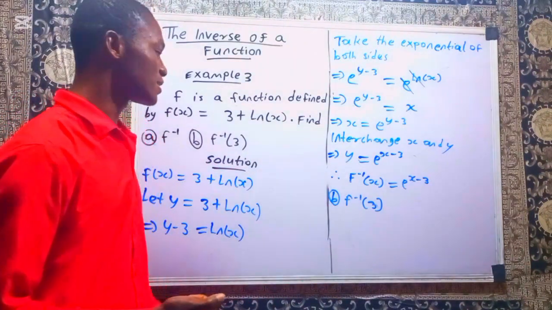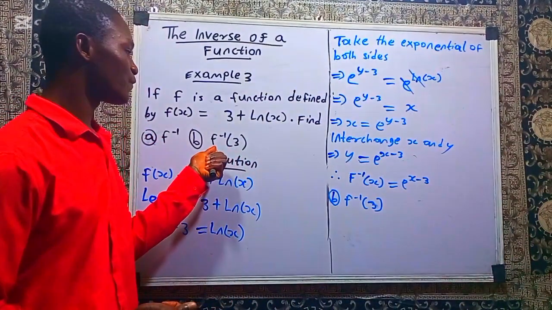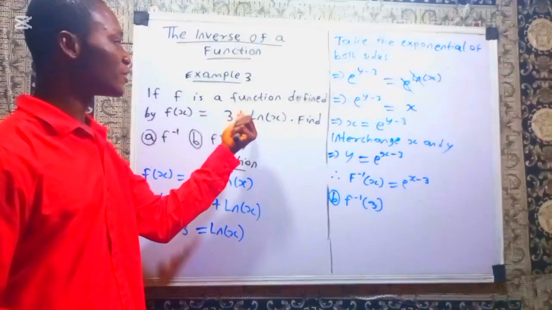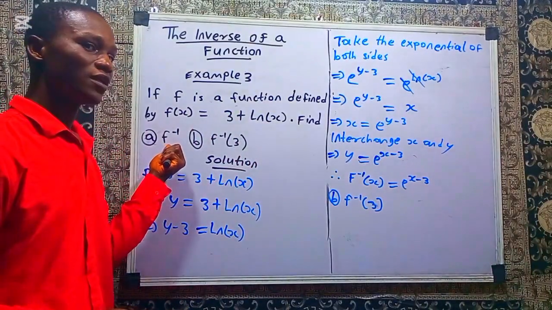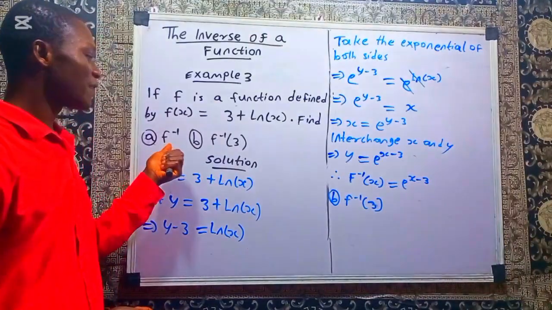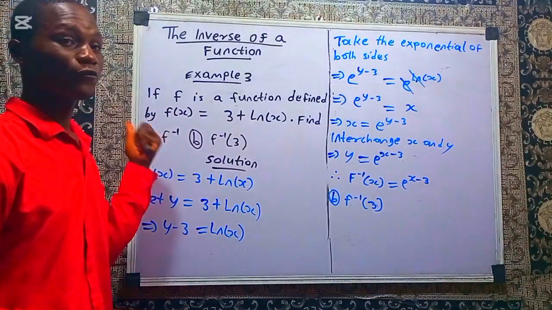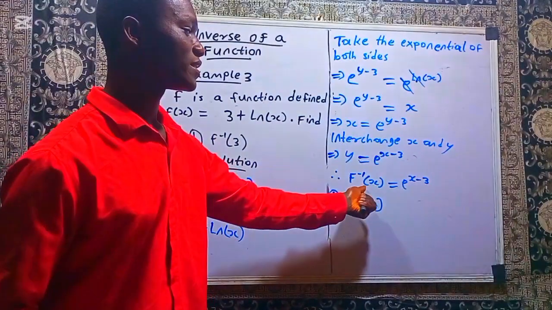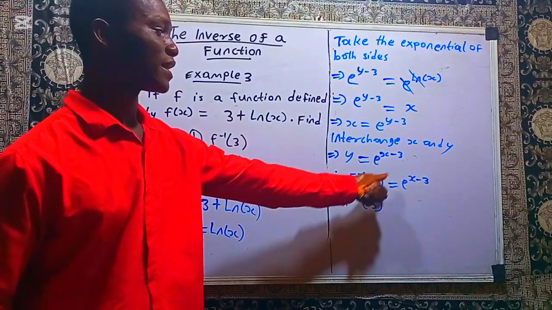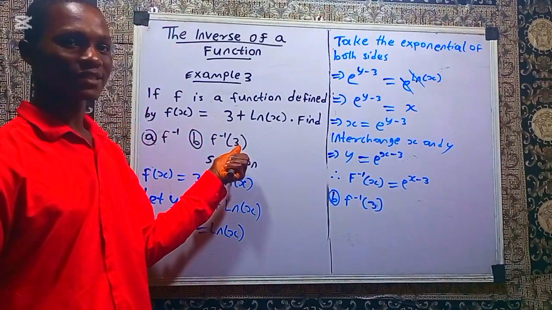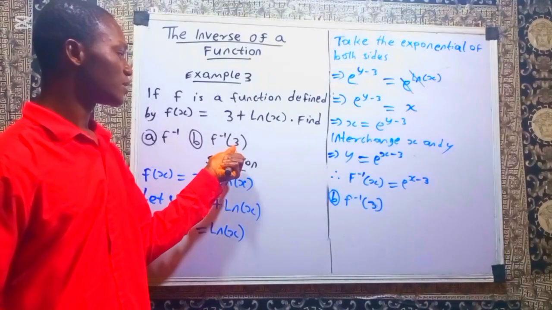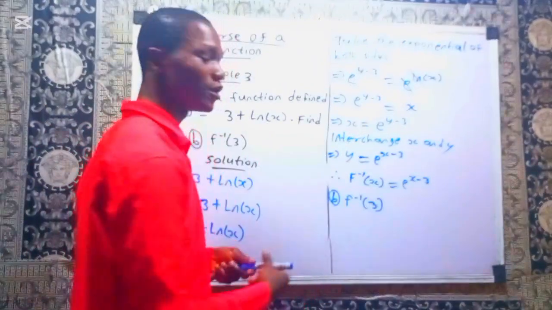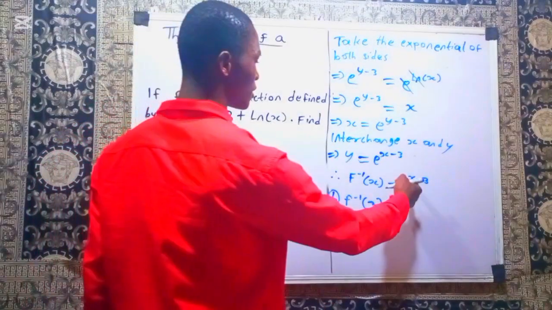So assuming that in your exam you are told to find f inverse of 3 given this function, and they did not ask you to find the inverse, you first of all get f inverse of x, as we have done here. When you get f inverse of x, you now replace x with the value they are asking us for. They are asking for f inverse when x is 3. So because we have gotten f inverse of x, we can plug 3 here.